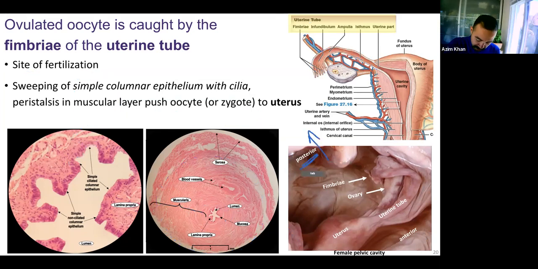This way is posterior, this way is anterior. You can see the uterus, which is centrally located. The uterine tube comes out this way, and you can see the fimbriae over here. The ovary is a little off to the side right here.